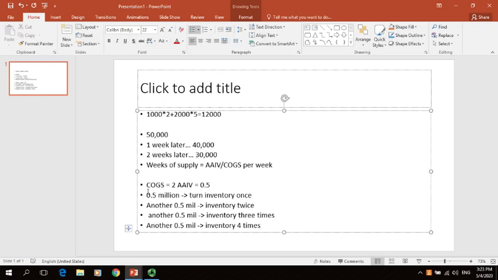So at this point, you sold $2 million of inventory. That means one year has passed because your cost of goods sold for a year was $2 million. So during this time, how many times did you turn your inventory? 4 times, right? So your answer is 4.